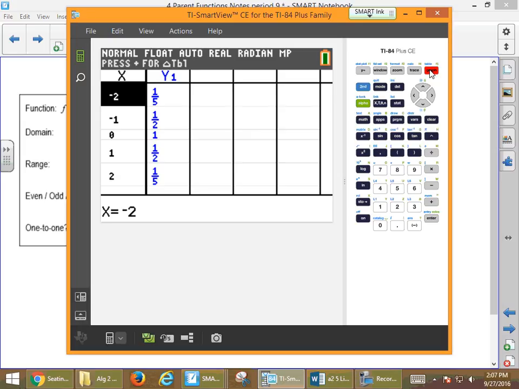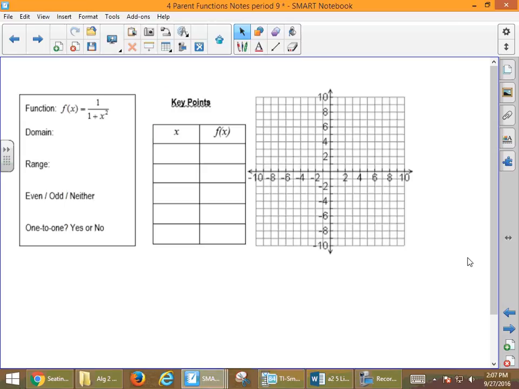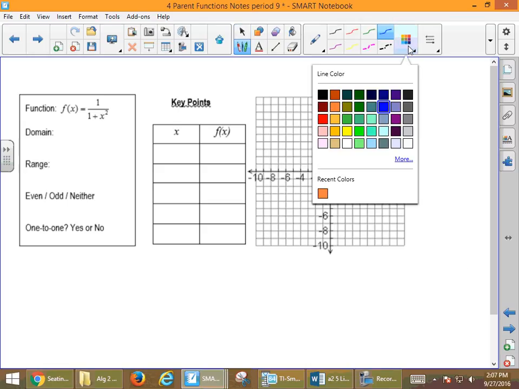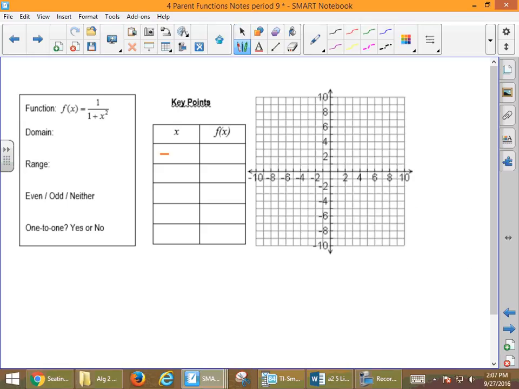But the three that I used are kind of right here in the middle: -1, 1/2, 0, 1, and positive 1, 1/2, in terms of our points.